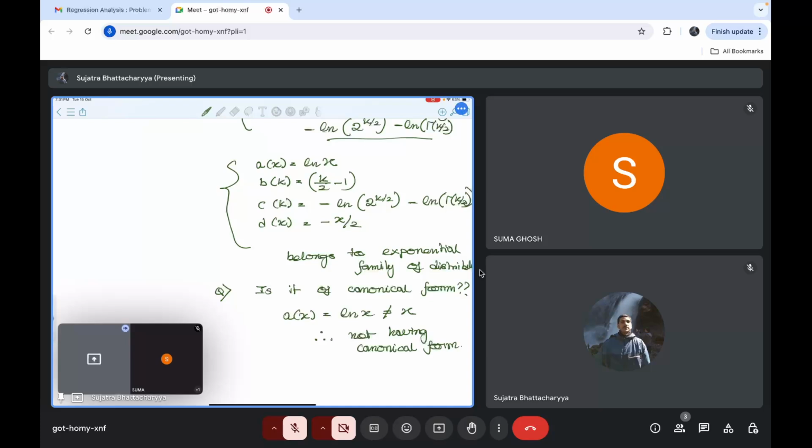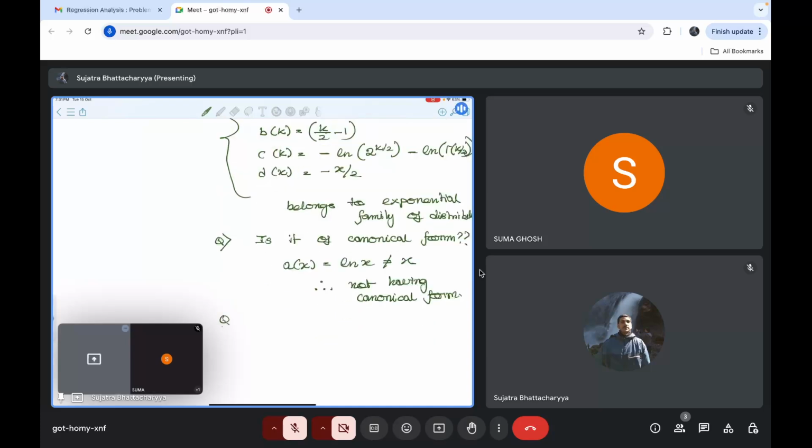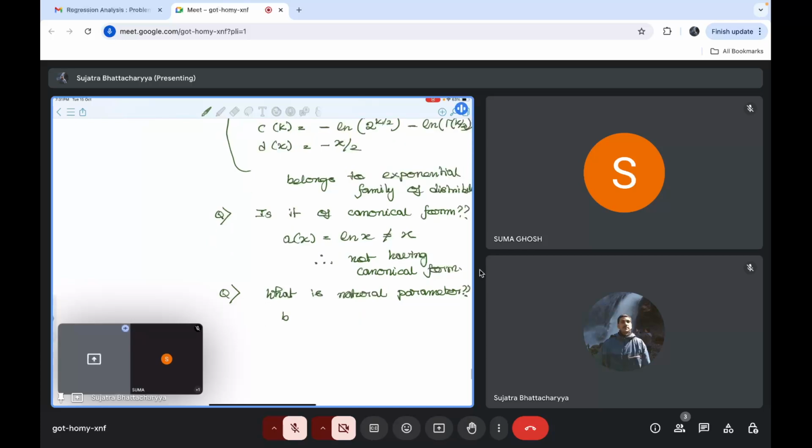Done. Next question related to this: what is the natural parameter? We have defined that it is nothing but b of theta. Here it is b of k, which is k by 2 minus 1. This is the natural parameter.